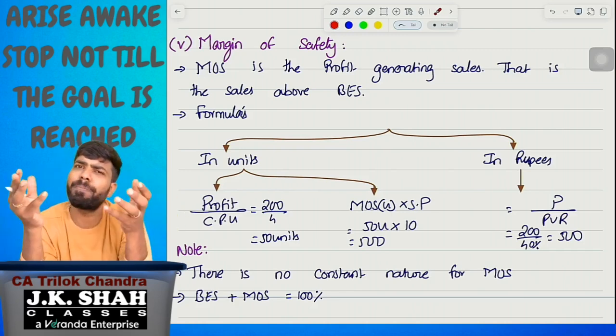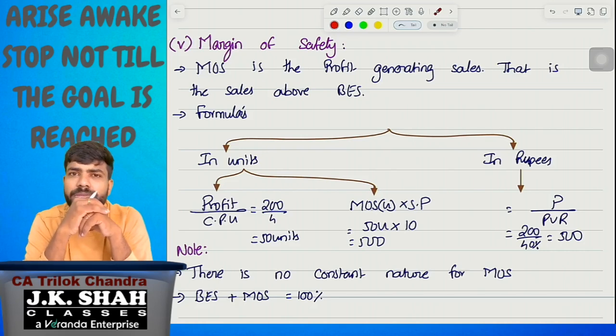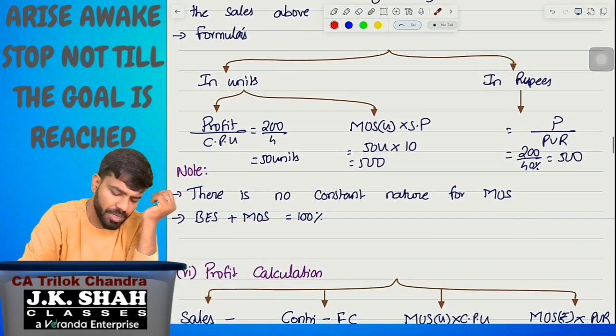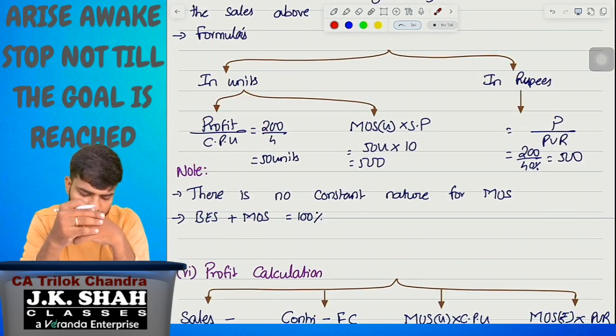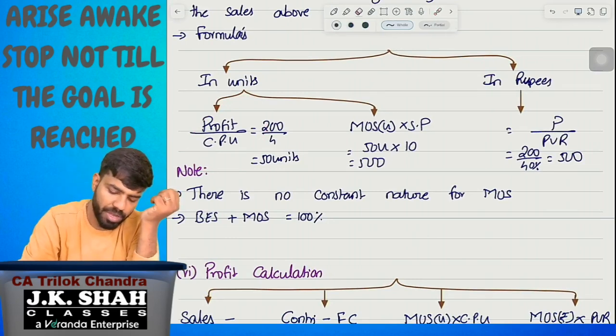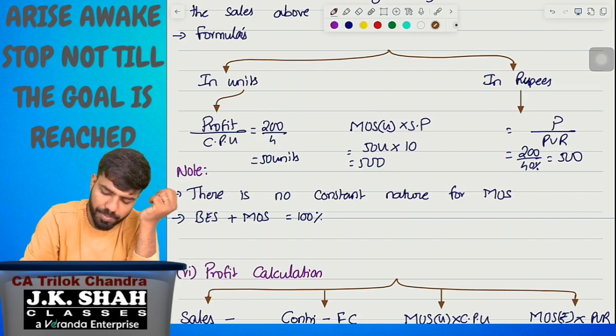So how to calculate this? Simple. Profit divided by contribution per unit. Oh, I gave the wrong arrow mark. This is the formula for the rupees.